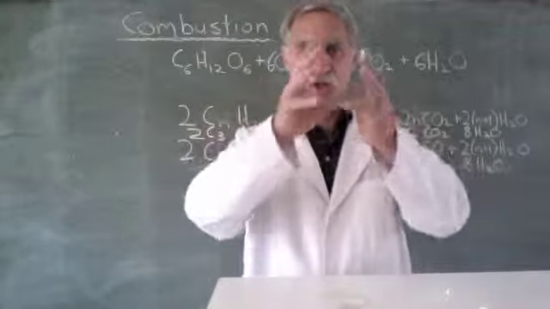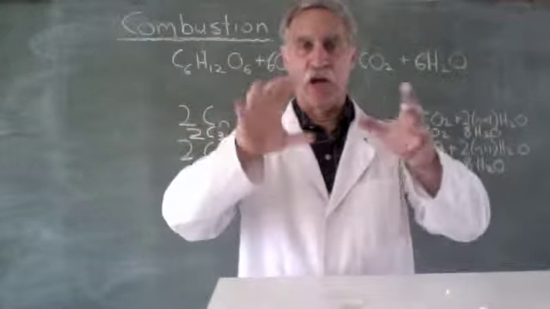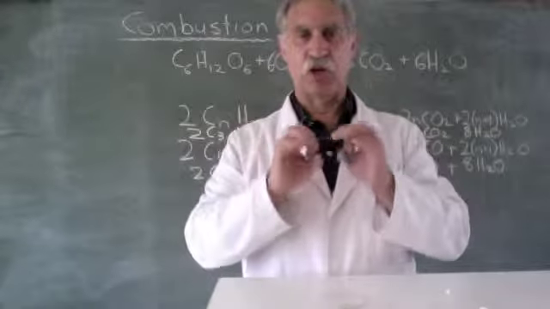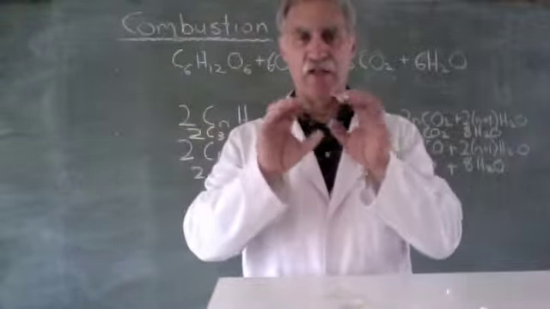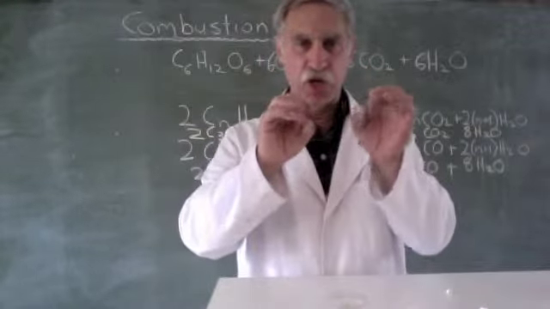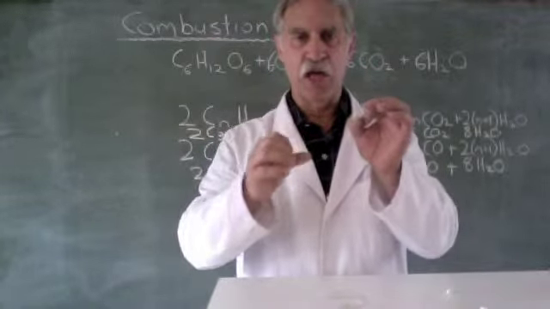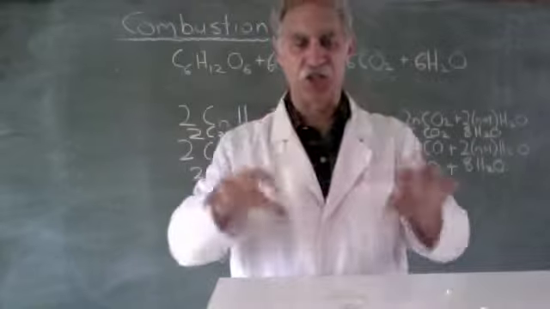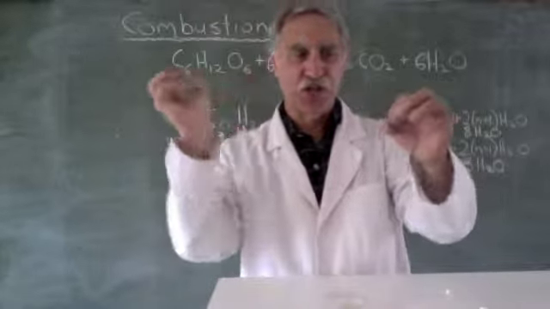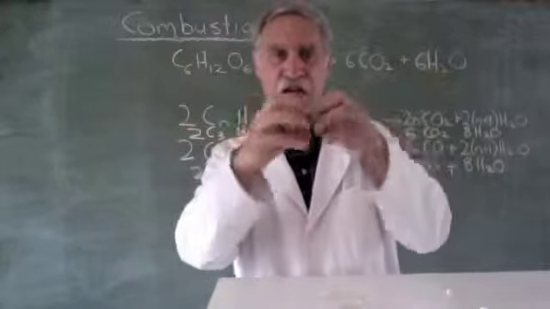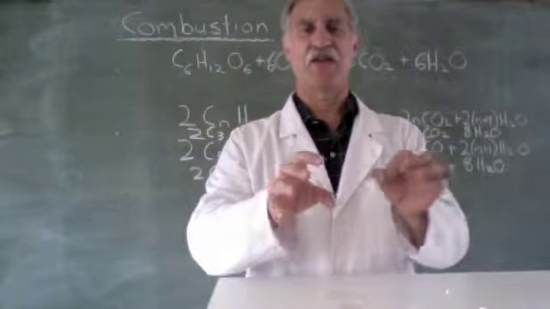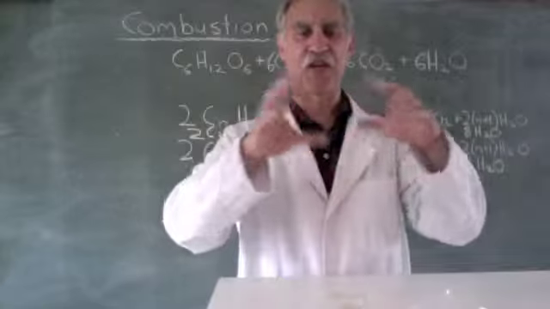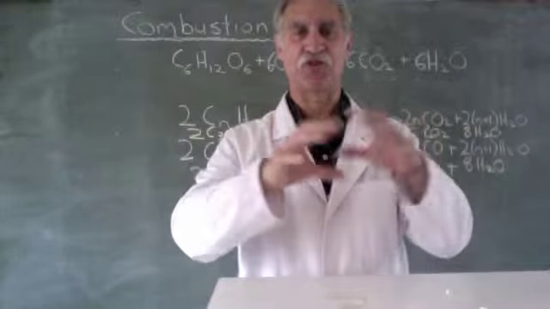At that stage, you'll start to see smoke rising from your piece of wood, that's the carbon, or your coal, that's the carbon, and then those little smoke particles, which is C, carbon, will then combine with the oxygen. So you've got to shake it apart so that the oxygen molecules can latch onto the carbon and combust it. So it's got to be in a gaseous form for it to burn.